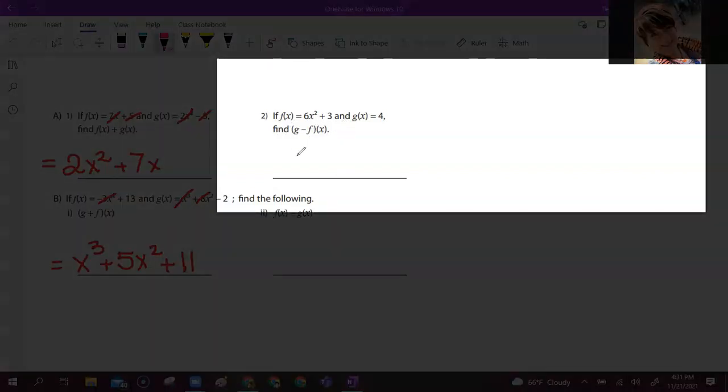Okay, when subtracting, number 2 over here wants g minus f. Okay, so g is 4 minus f. I'm going to put f in parentheses so I can keep it together. And then there's a rule that says keep the first, change the subtraction to plus, and then change the sign of everything after that.